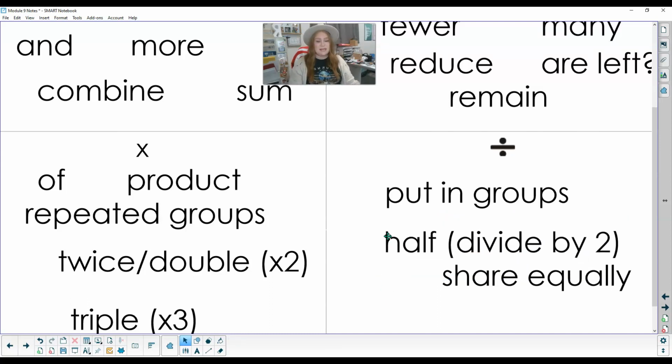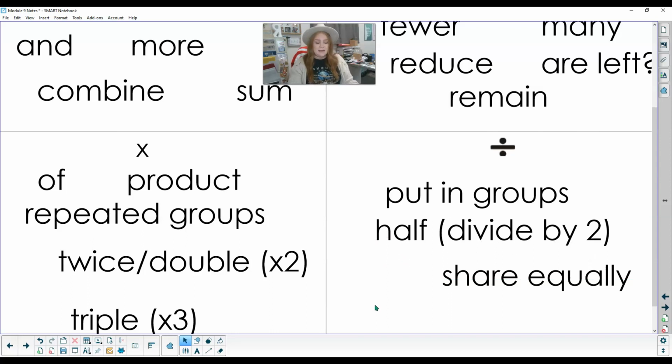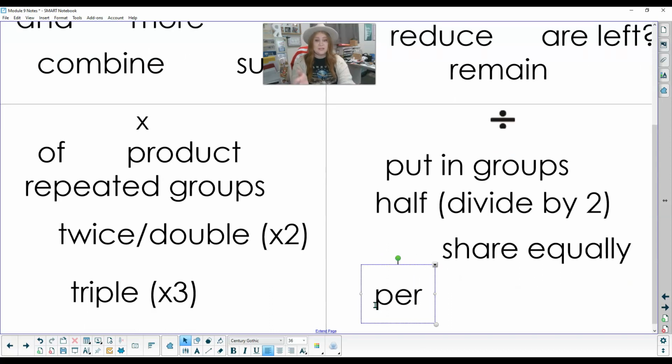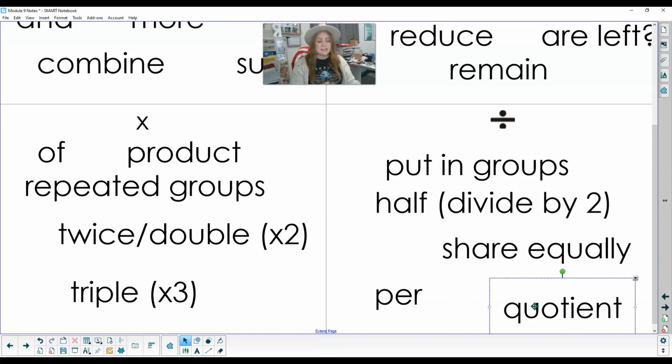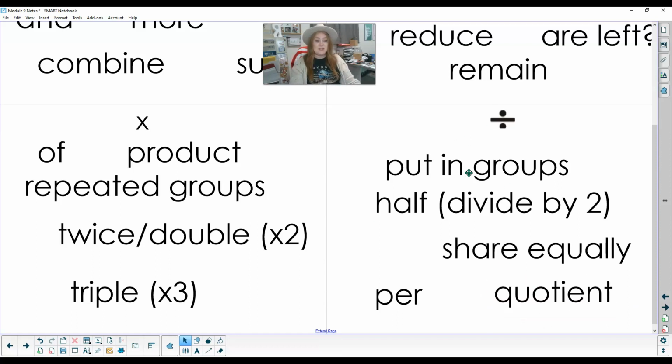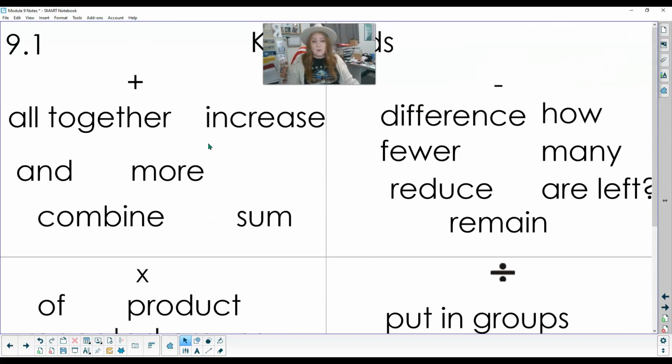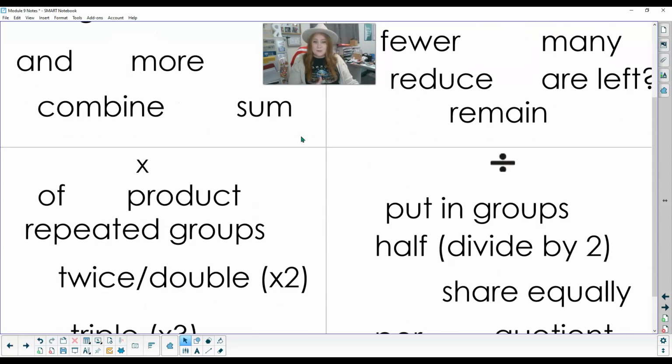When we hear the word per, like there are this many per group, or per day, per hour, that means to divide. And the quotient is the answer to a division problem. So pick 3 or 4 of those, maybe ones that you have a harder time remembering, and write them down so you have those to go back and refer to as you are working.